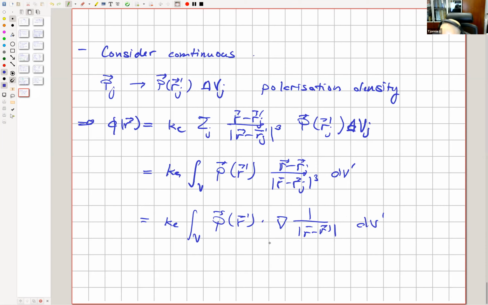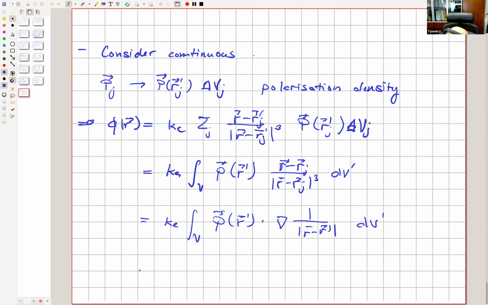Now this is actually an identity that you can go and check for yourself, but it's relatively straightforward to prove. So I've got just a few more lines to rewrite this.